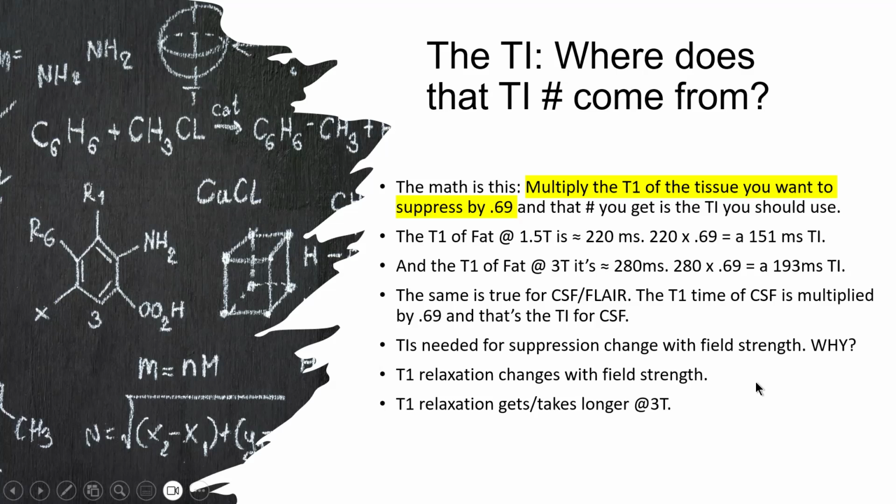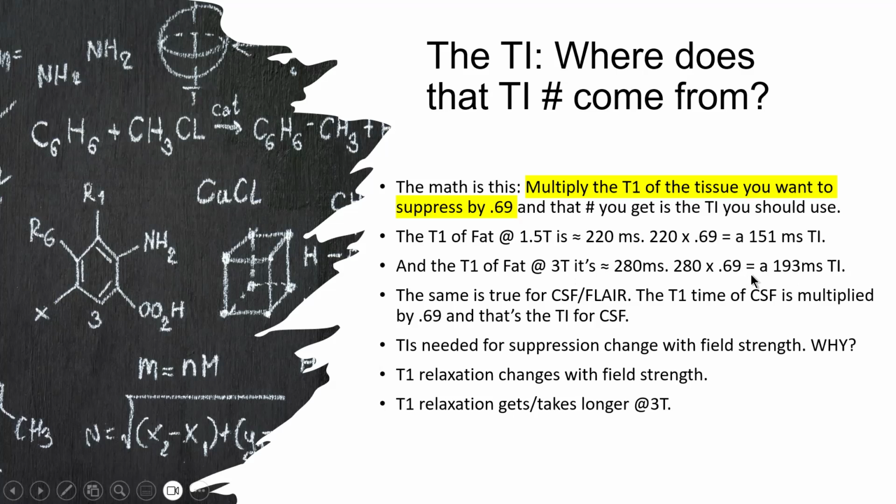So my question here is, why does the TI lengthen at 3T versus 1.5? What's the big difference between these two fields? What happens? T1 relaxation gets longer at 3T.